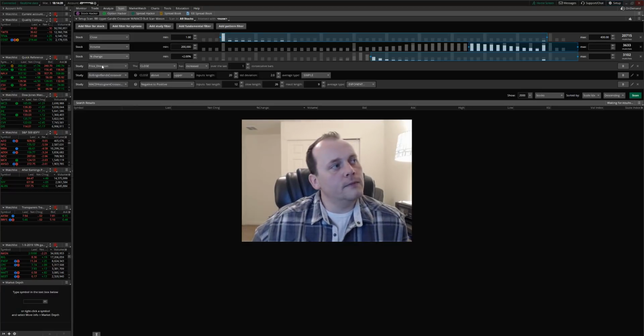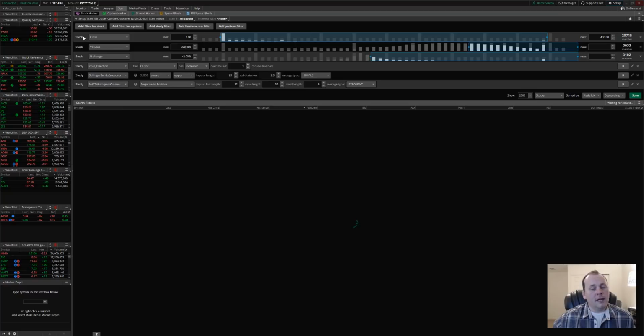If you want to manually create this, you'll apply a filter for stock 3 times, and then study 3 times. The first one, you'll change to close. Second, volume. Third, percentage change.